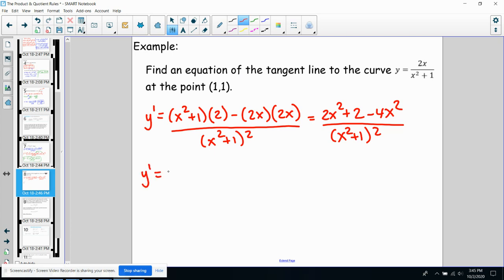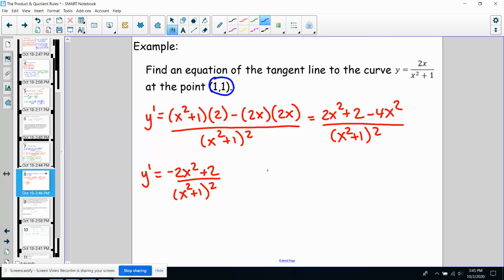So y prime is going to be negative 2x squared plus 2 over x squared plus 1 squared. So that's our derivative function, which is like the slope function for the tangent line, but we want to find the actual slope, so we want the number when it's at this point 1, 1. So we're just going to plug in the x value of 1 in for x.